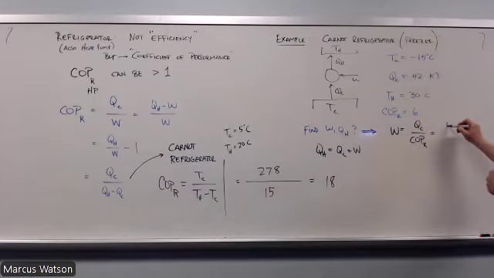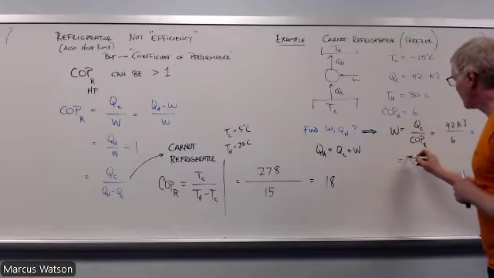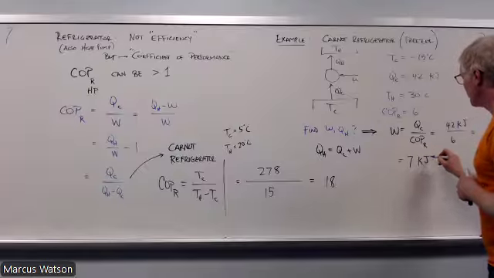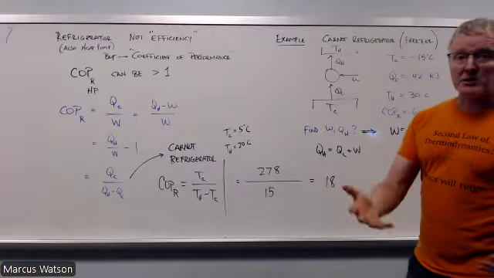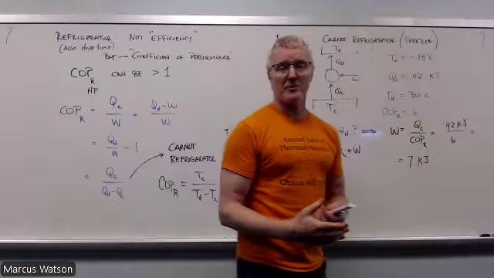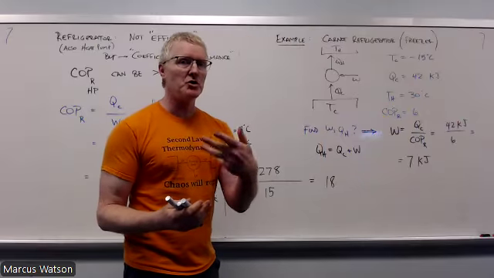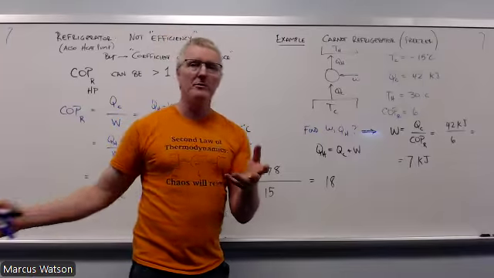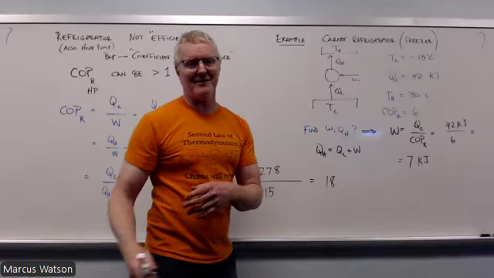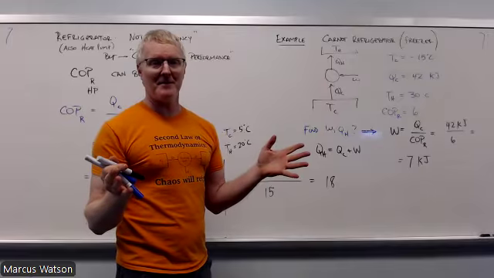I'll find this is 42 kilojoules divided by 6. So the work per cycle is 7 kilojoules. That's what I'm talking about when I talk about the coefficient of performance. I'm putting in 7,000 joules in order to remove 42 from over there, which is great, right?